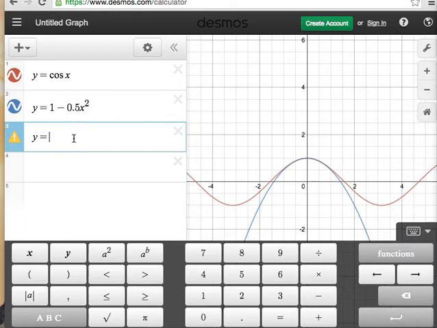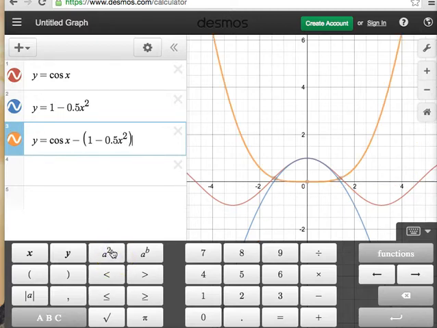Now, to be able to prove this, we're going to do the first function minus the other one, because remember, when you're trying to prove left-hand side is say greater than or equal to right-hand side, you need to do left-hand side minus right-hand side. So what we're going to be doing is cos x minus all of this, 1 minus a half x squared.